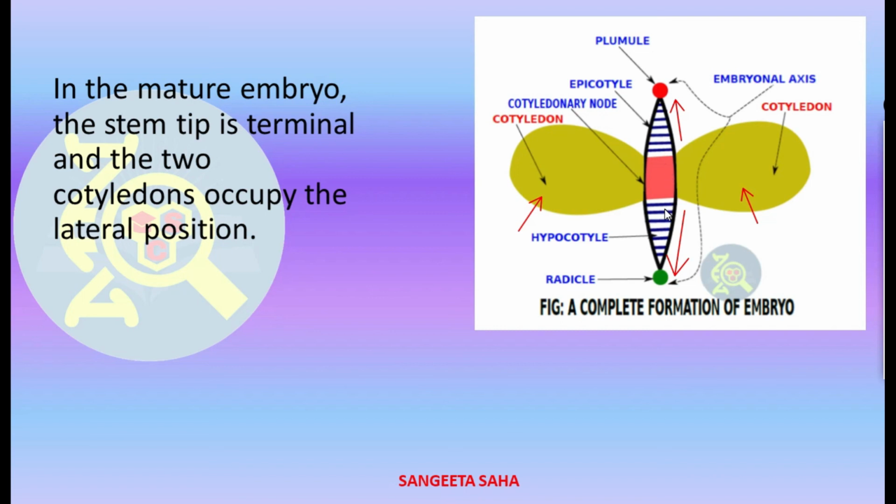And the part below the attachment of the cotyledonary point is the hypocotyl, this part. So, we have got an idea about the different parts of the dicot embryo. By now the embryo is fully formed, where the two cotyledons, as you can see in the diagram, contain reserve food material. So, this is a complete formation of the dicot embryo.